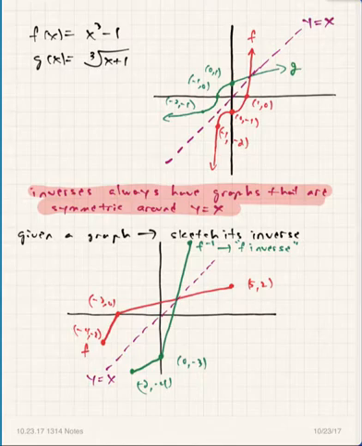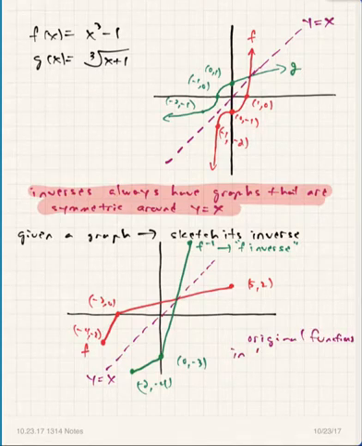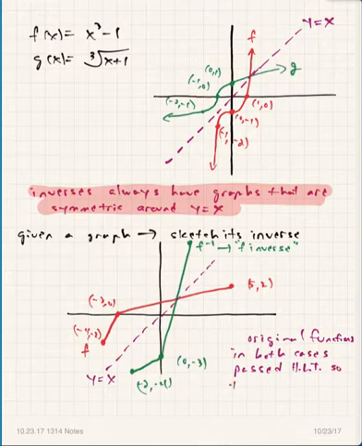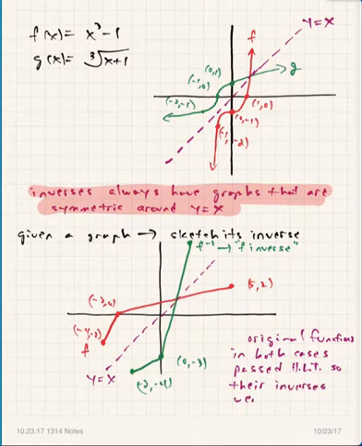Our original functions in both cases passed the horizontal line test. In other words, they did not have any repeated y values. So their inverses were functions. They also passed the vertical line test.